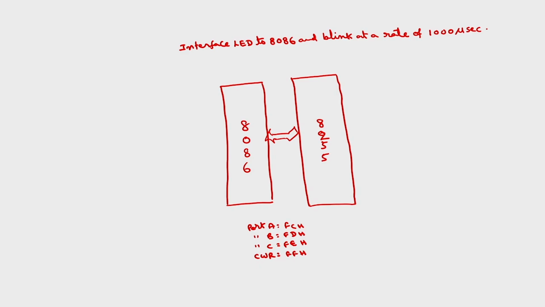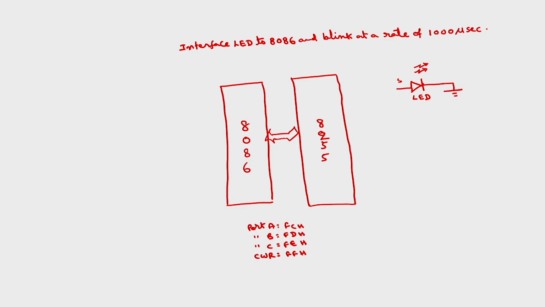Then in order to connect an LED, light emitting diode: if the anode operates at 5 volts and the cathode is grounded, this will emit light. This is the symbol of an ordinary diode. If I add this light symbol, then this will be an LED. So I am going to ground the cathode.